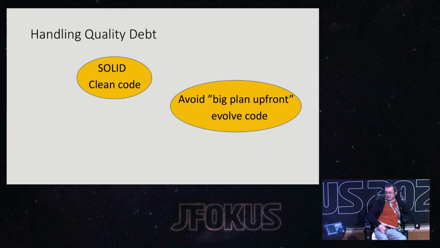Probably my code will evolve. Probably there will be some not so nice parts in this class or in my system. But when I have the mindset that I, or my team, will evolve the code, it's much easier to handle. Then I know, okay, there are some issues, but we know about them and we will handle them.